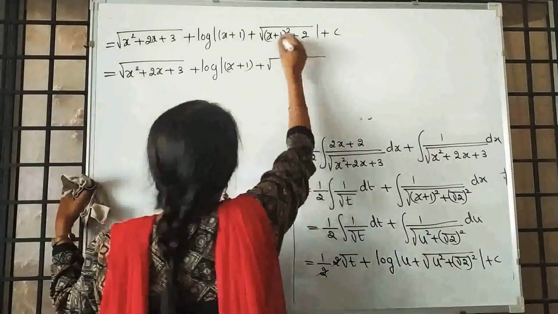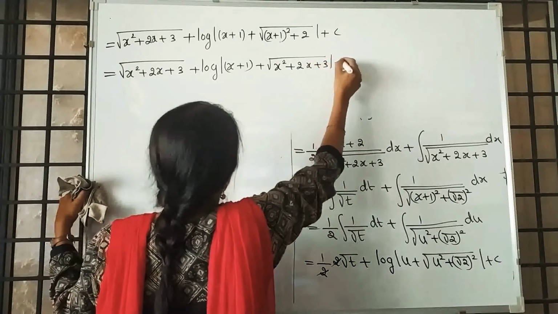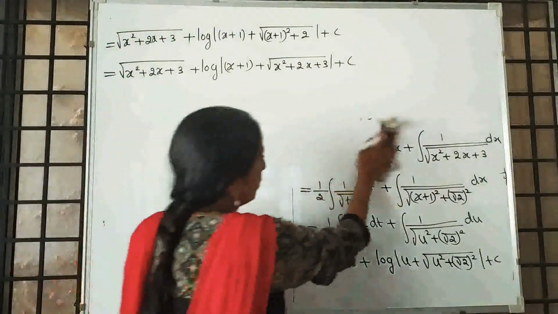When you simplify this, it is x square plus 2x plus 3 plus 3. See, the sum is very simple.